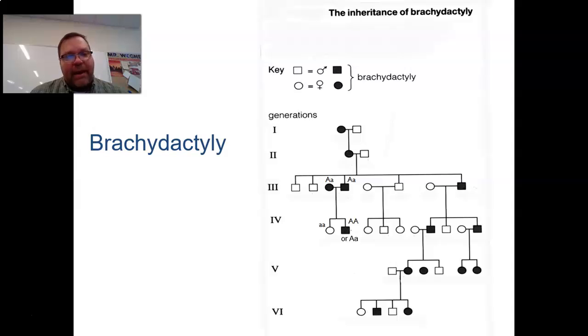Individual 4 could either be capital A, capital A, one from mom, one from dad, or could be capital A, lower a. But I know individual number 2 in the fourth generation, that male, has to have a capital A because they do have the disease. My mistake. They do have the disease. Okay? So let's see if we can go back and fill in some of the others now.